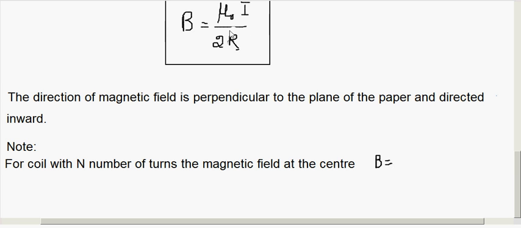This is with one turn, and if you have n turns, it will be mu naught n into I divided by 2R. So B is equal to mu naught N I by 2R. This is how we find the magnetic field at the center of a circular current carrying loop.